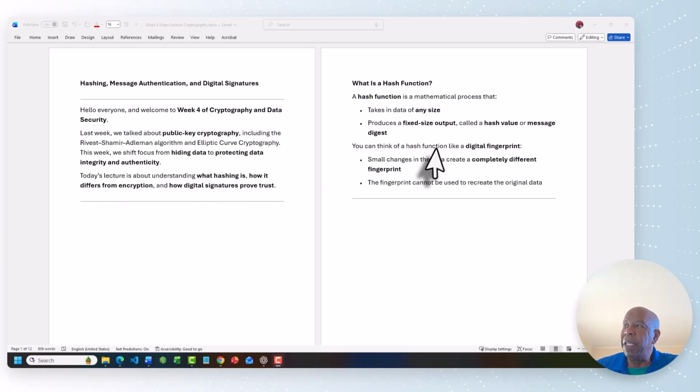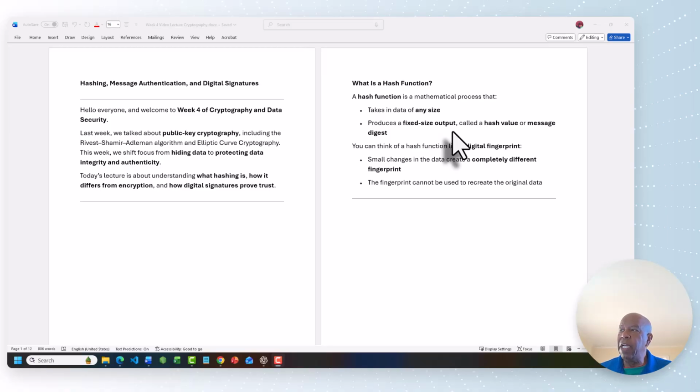A hash function is a mathematical process that takes data of any size and produces a fixed size output called a hash value or message digest. So it's a transformation of taking information that we want to protect, running it through a hash function, and getting out something that will represent what we're trying to encrypt.